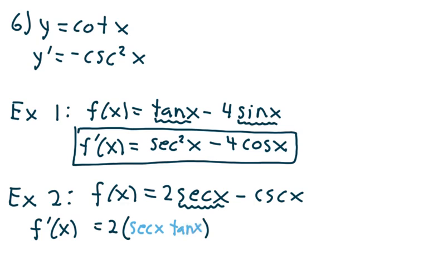And then I'm going to take and minus the derivative of cosecant x. Remember, it begins with a c, and so you're going to have a negative in there. So it's going to be negative cosecant x cotangent x. But you have 2 negatives next to each other, so that turns into a positive.